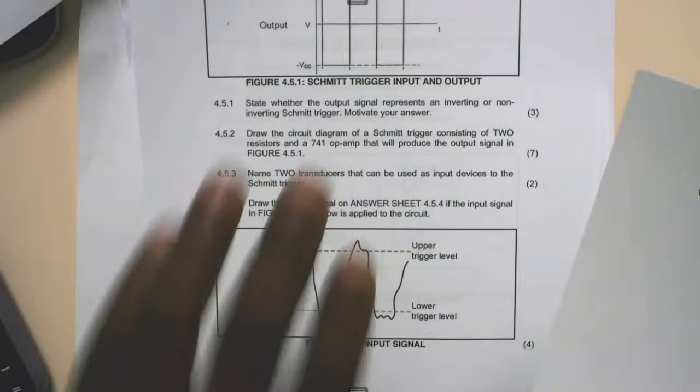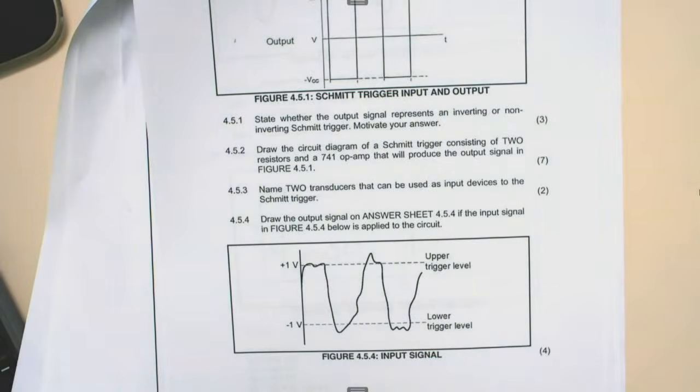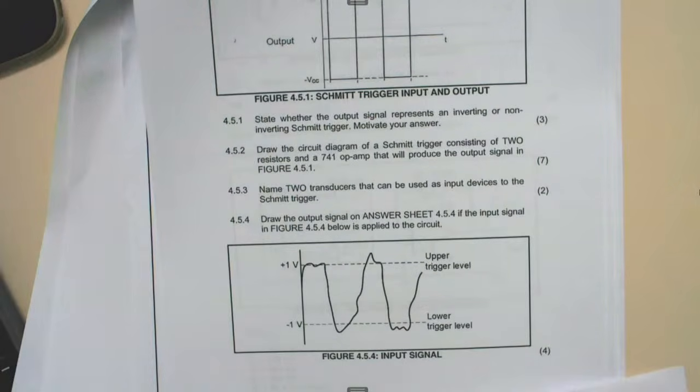And here we go to 4.5. 4.5.1 says state whether the output signal represents the inverting or non-inverting Schmitt trigger. Motivate your answer. Here you've got to look at the phase difference.